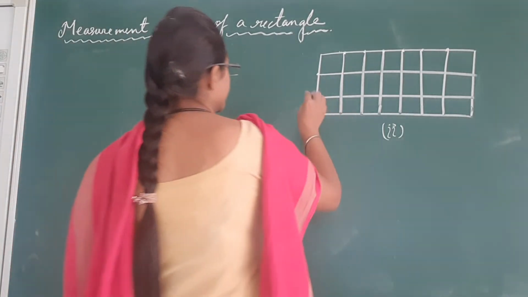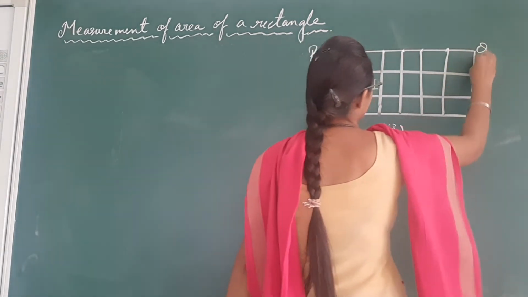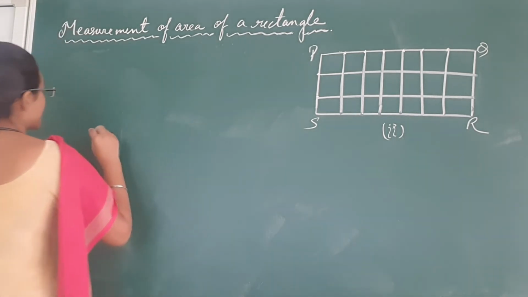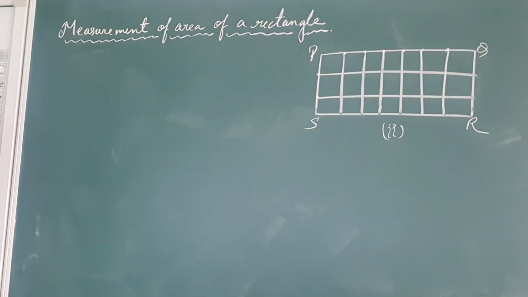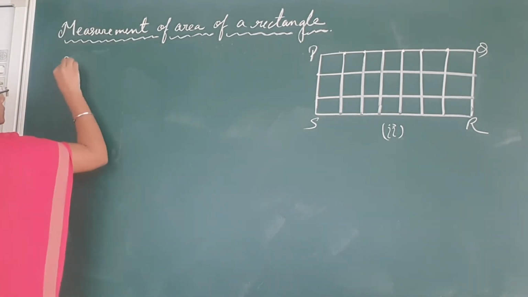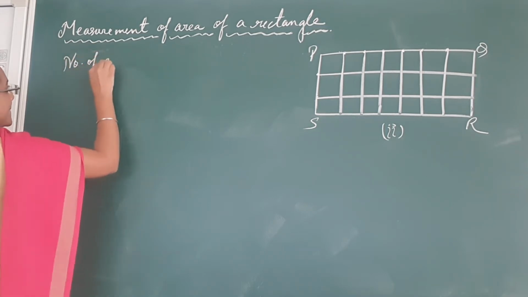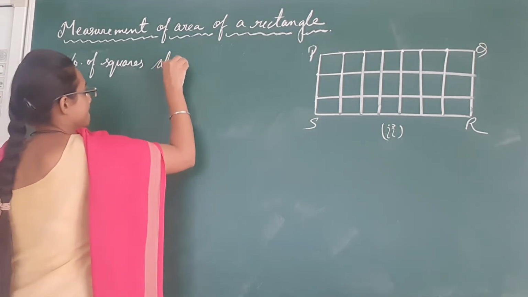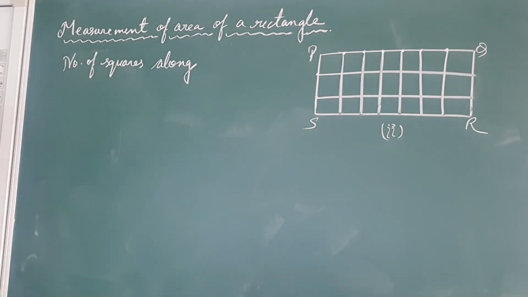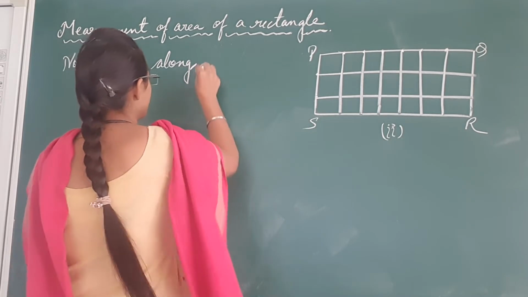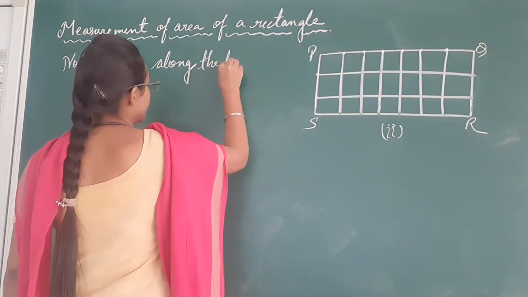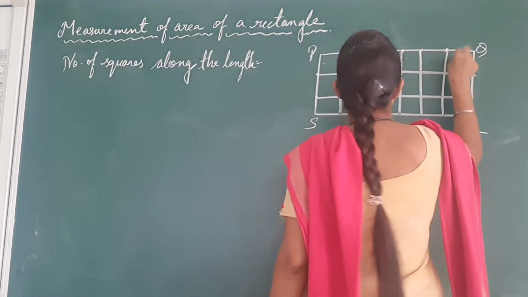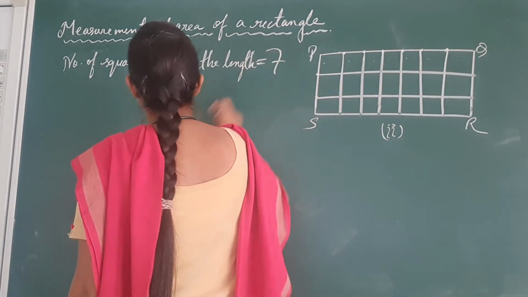Now consider the rectangle PQRS. In this, the number of squares along the length, how many are there? 1, 2, 3, 4, 5, 6, 7. 7 are there.